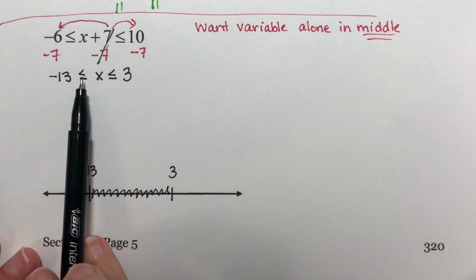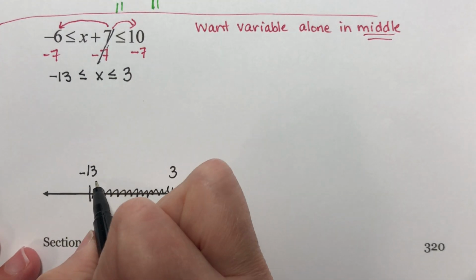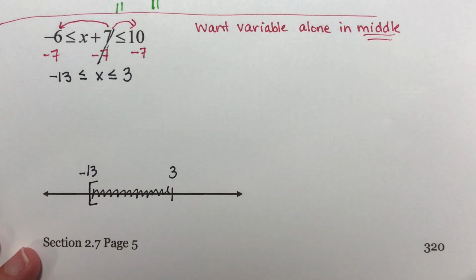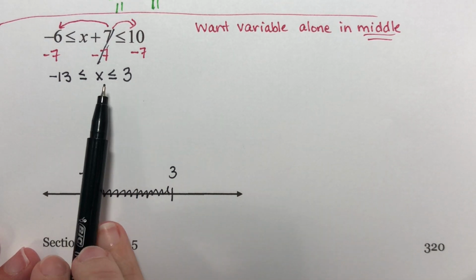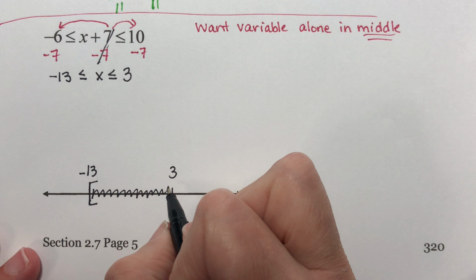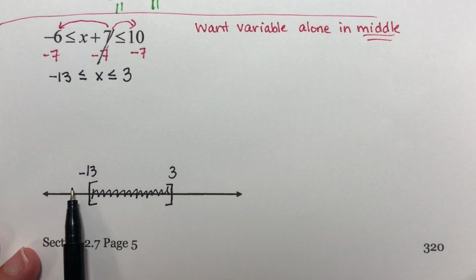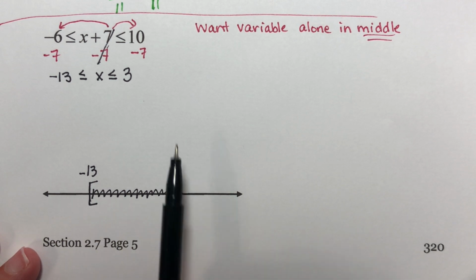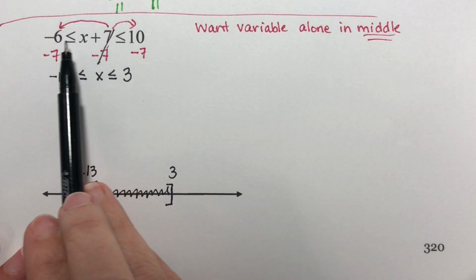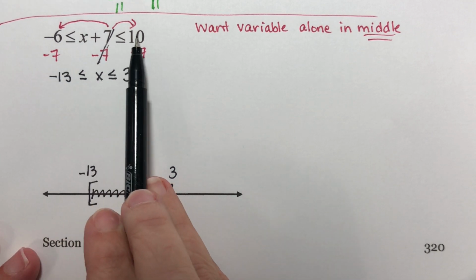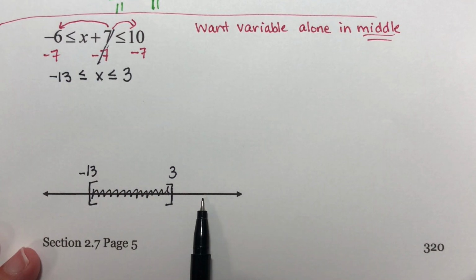By the negative 13, we have an equal to, so it gets a bracket. By the 3, we have an equal to, so it also gets a bracket. What this tells me is that any number I plug in between negative 13 and 3, if I add 7 to it, it's going to give me an answer between negative 6 and positive 10 every time.